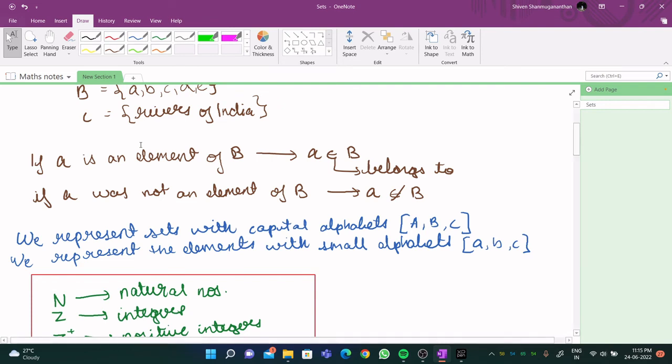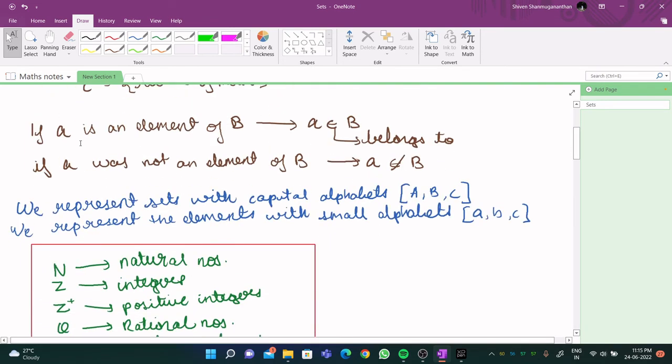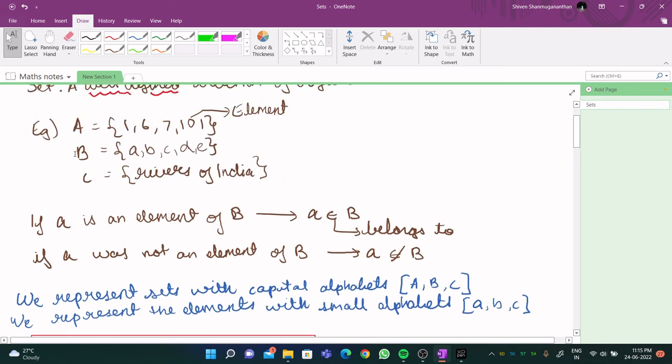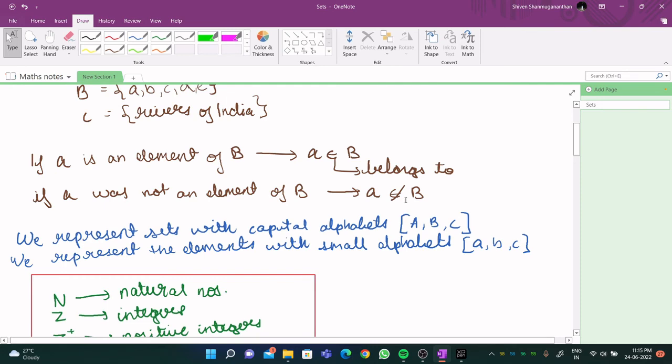It's as straightforward as that. Now, if A is an element of B, we can say A belongs to B. If hypothetically A wasn't in this bracket of elements here, A would not belong to B.